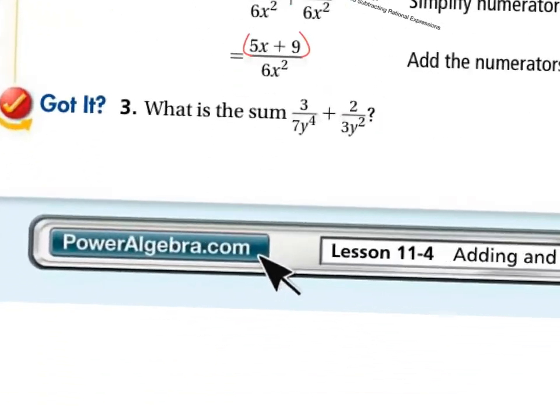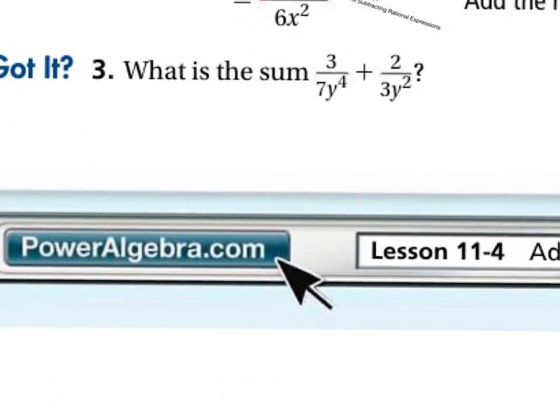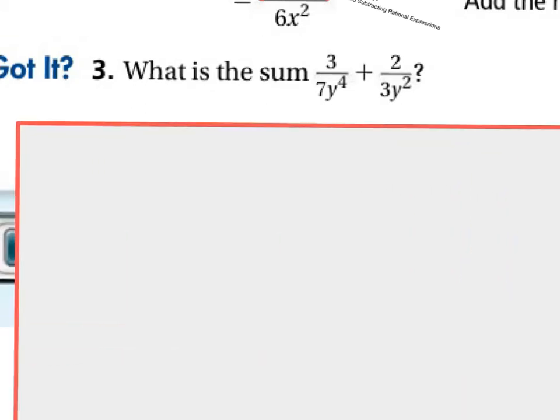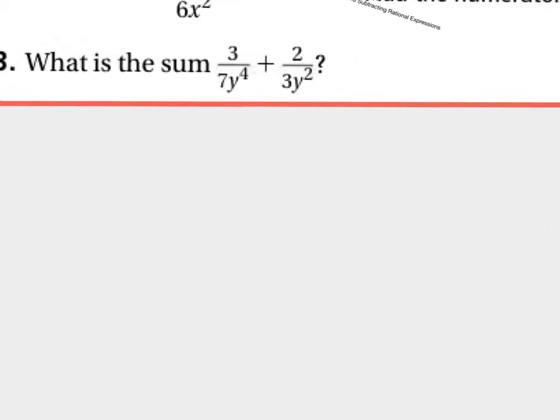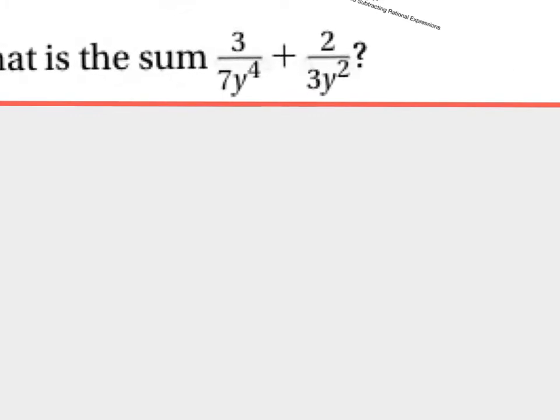So if you look at the got it number 3, we've got a similar situation. We have monomials in the denominator again. So first we can look with our numbers, then we can look with our variables to try and get a common denominator. So with the 7 and the 3, we would need a 21, and then we'll look at the variable parts.